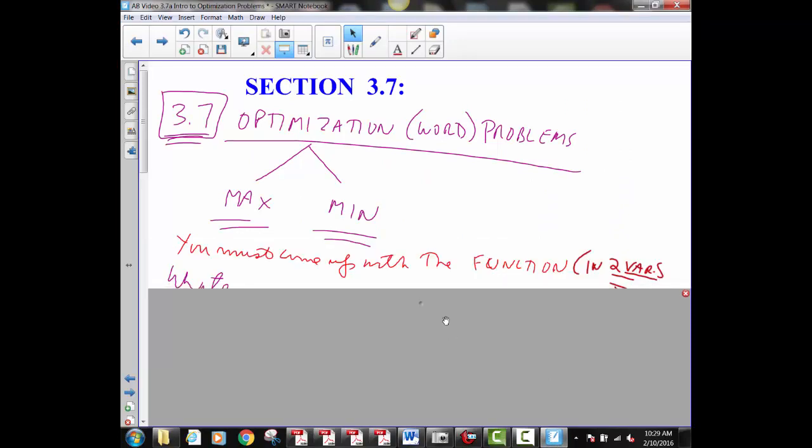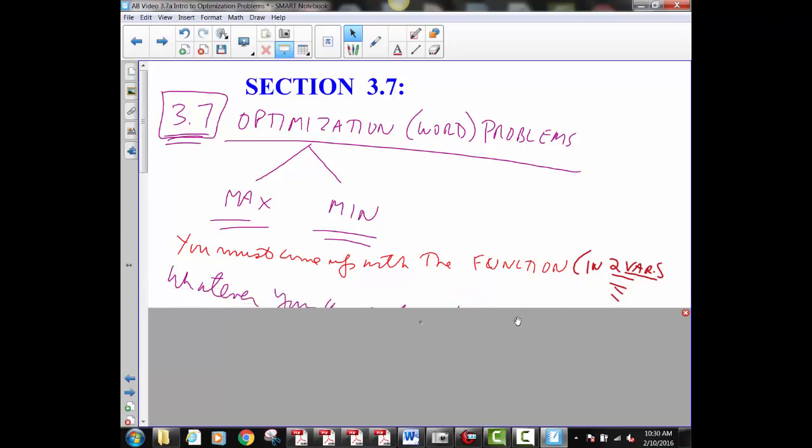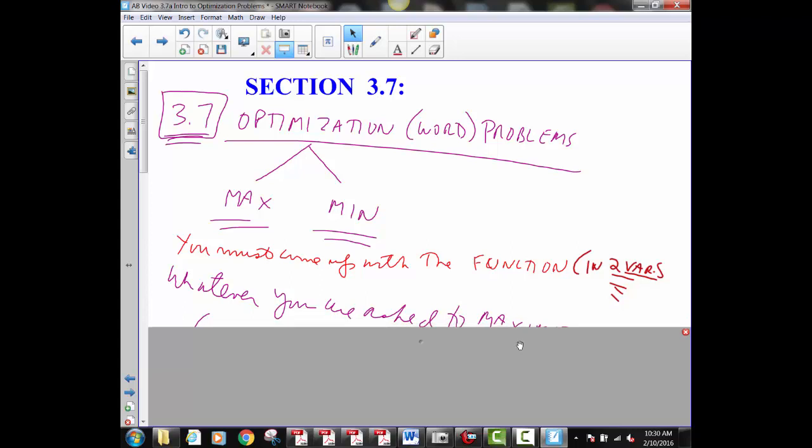Okay, so the first thing you're going to have to do is come up with an equation, a function in two variables. Of course, we're only dealing with two dimensions, not 3D, so you've got to get it down to two and only two variables. Normally you're thinking y and x. However, it's easier if you use letters that represent what you're looking for.